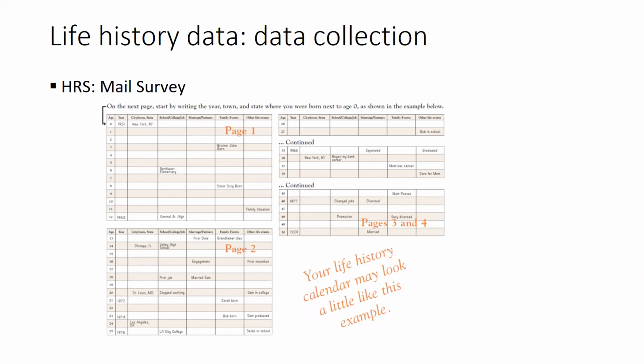So you start with where you lived, where you went to school, when you went to school, what kind of partners you had, and when, and all family events, all other life events, and in the end, you have a complete picture, a complete life history. And this also works pretty well. So people are able to remember their life and fill this out.